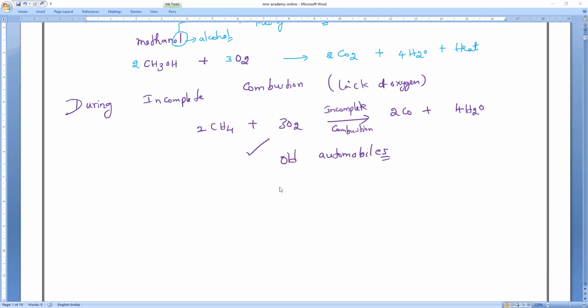Complete oxidation does not take place. That is what we call incomplete combustion.